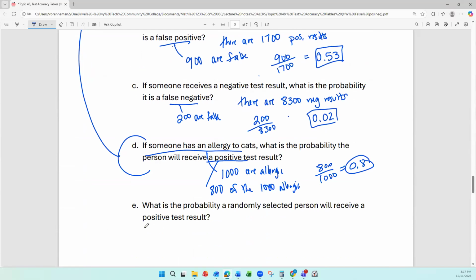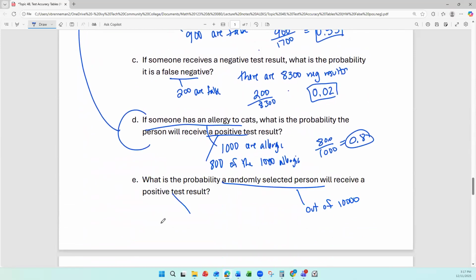Then part E, what is the probability a randomly selected person out of the 10,000 will receive a positive test result? So out of those 10,000 people, there was a total of 1,700 positive results. 1,700 out of 10,000 is 0.17.